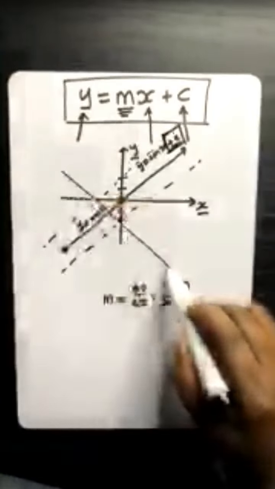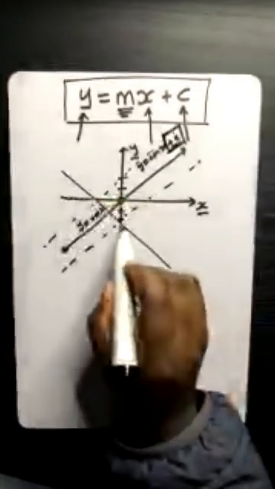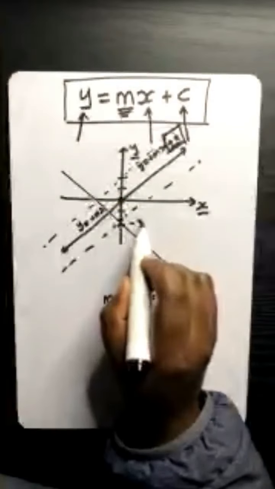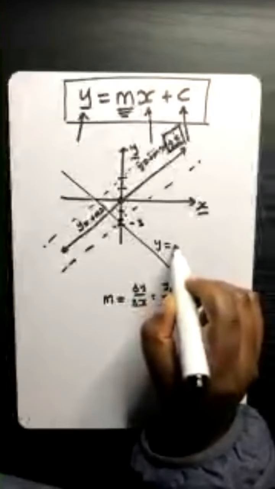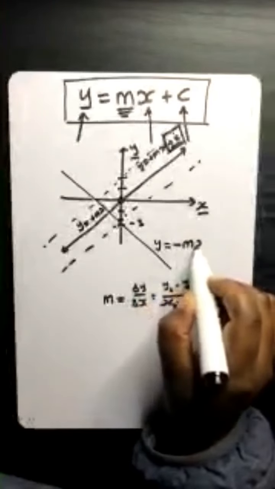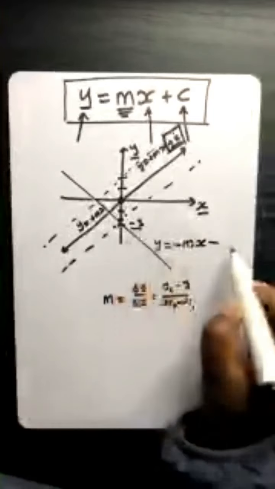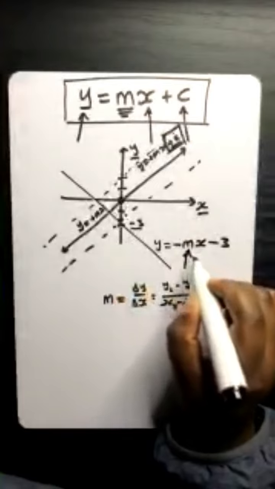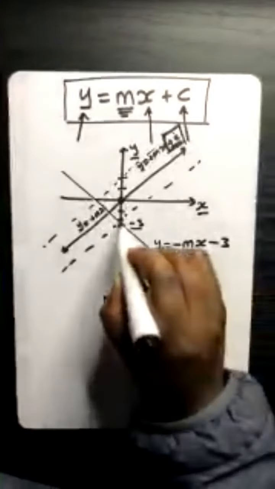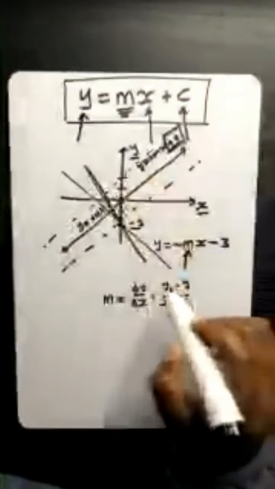If maybe we have something similar to that, and let's say this one passes at negative 3, then this is y equals negative mx minus 3, shifted by 3 units downwards. The gradient tells us how steep the line is.